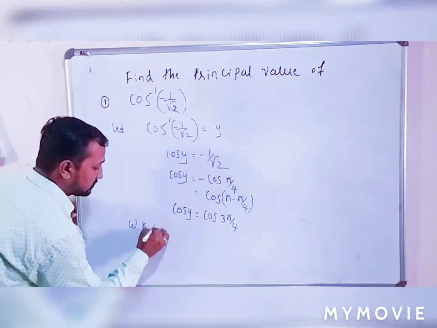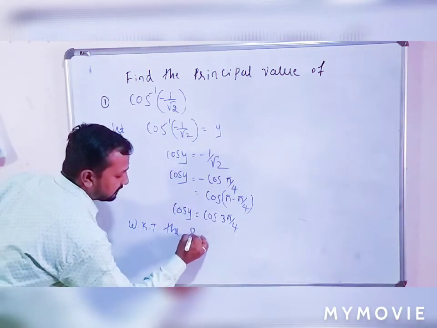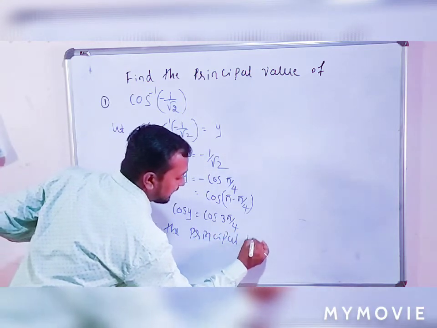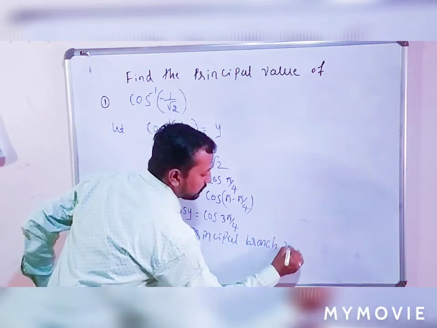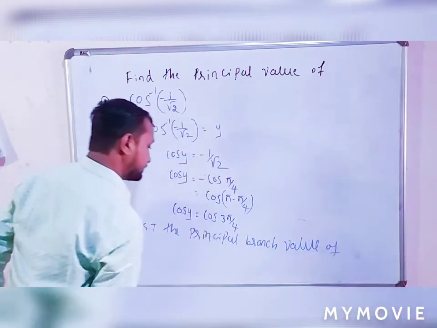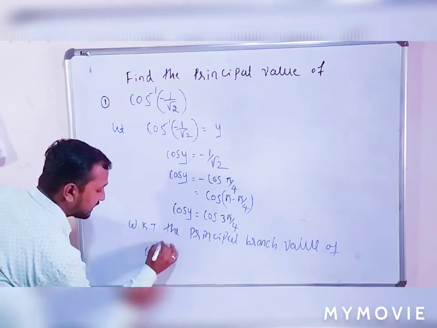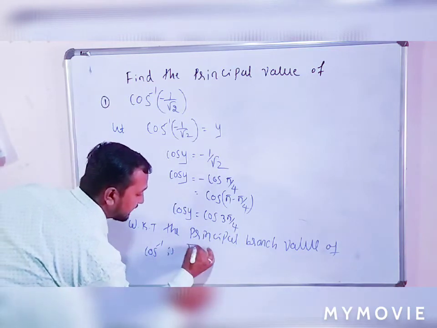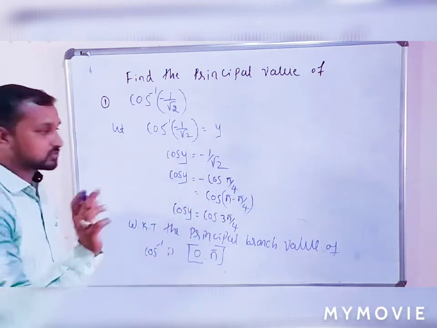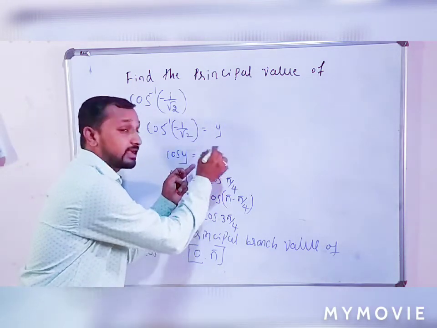We know that the principal branch value of cos inverse is the closed interval 0 to pi. So students, is that clear? This is a negative angle.